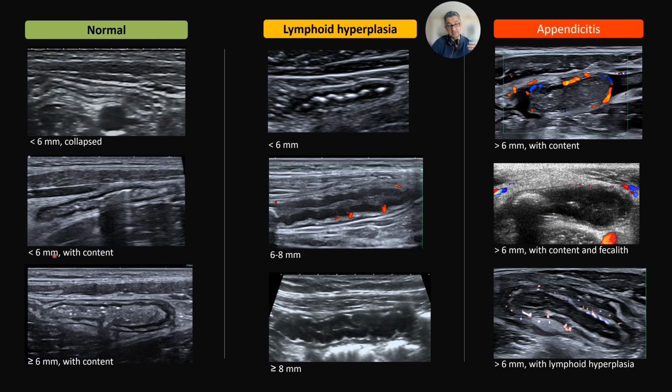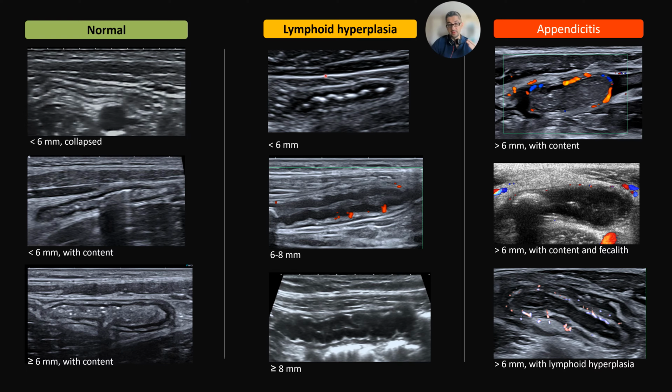Normal appendix, not collapsed, it's filled with content, with fluid, there's gas, there is feces, and still under 6 millimeters. 6 millimeters is usually the cutoff. And normal appendix over 6 millimeters. It's not always the case. When it's filled with content or fecalith, then it may be distended, but still normal, not inflamed.